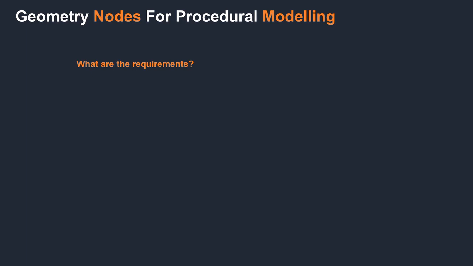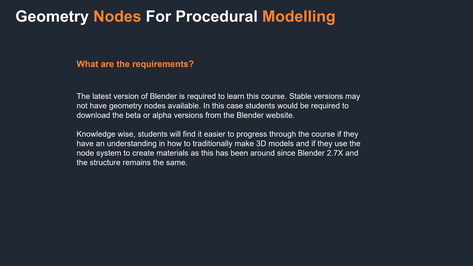What are the requirements for this course? The latest version of Blender is required to learn this course. Stable versions may not have geometry nodes available, especially if you are using Blender version 2.91 or older. In this case, students would be required to download the beta or alpha versions from the Blender website.